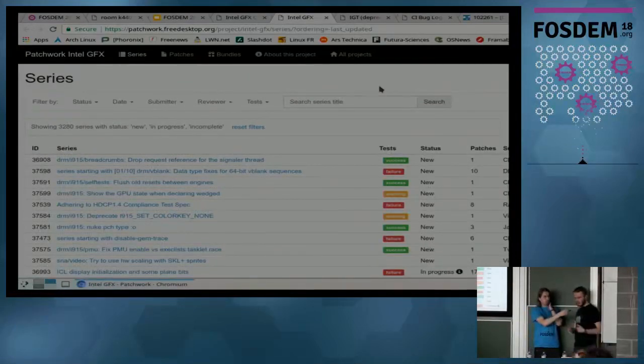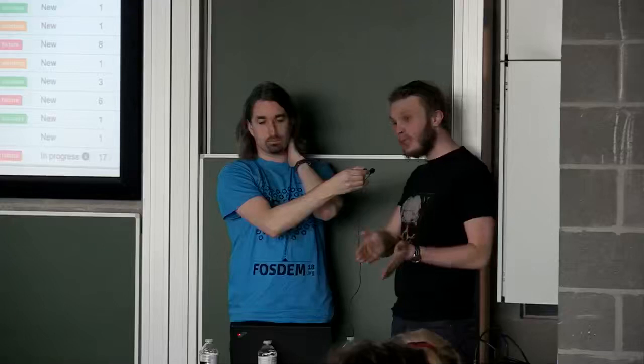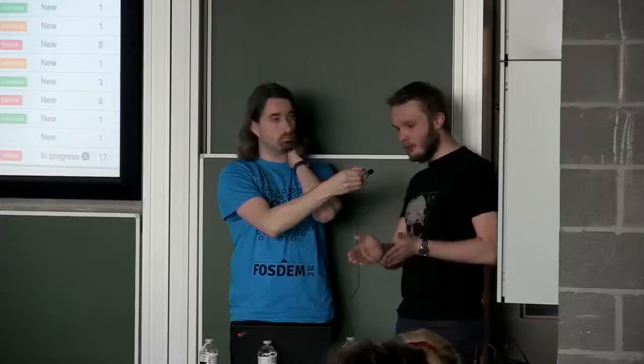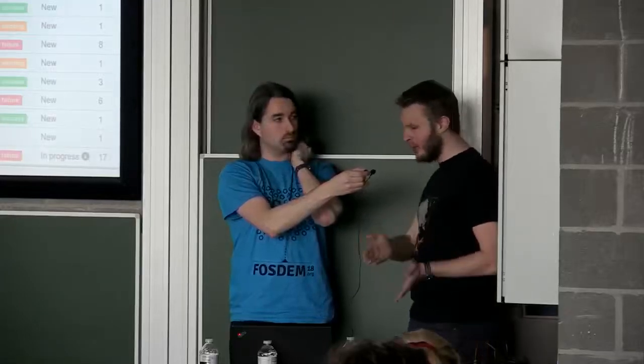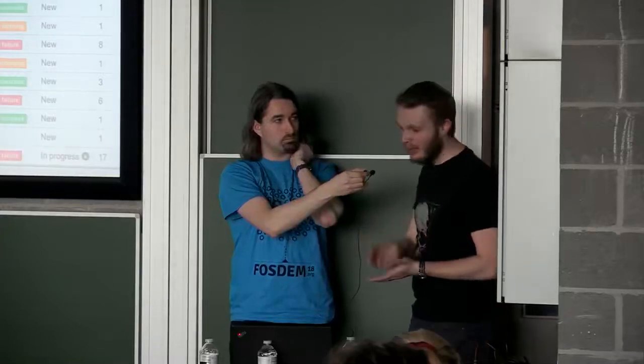Then the original patchwork started catching up, modernizing the user interface and having all the nice features. So now we are in a fork situation where we have the freedesktop flavor of patchwork with all the modern features, and there's also the original one. We are using the freedesktop one, obviously. And Arek is also the maintainer of this fork.